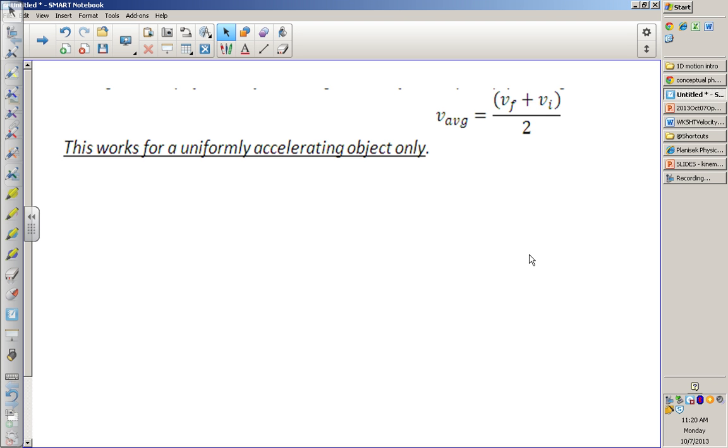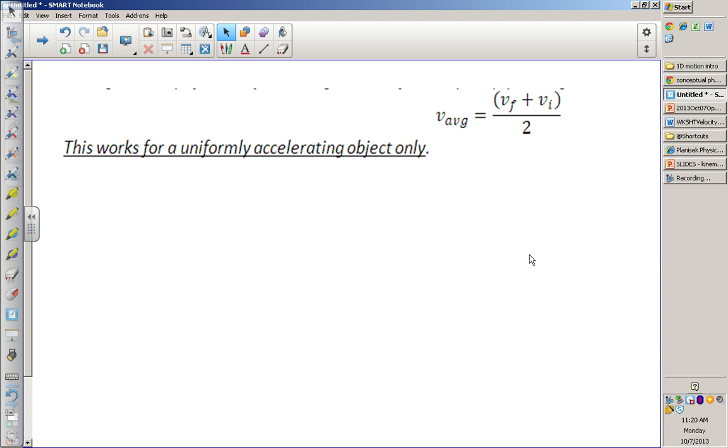If an object is uniformly accelerating, if it's getting faster by the same amount each time, we can figure out the average velocity of that object if we know how fast it was going at a certain point and how fast it's going at any other point, just taking those two numbers and dividing by 2. But that only works for an object that is uniformly accelerating.